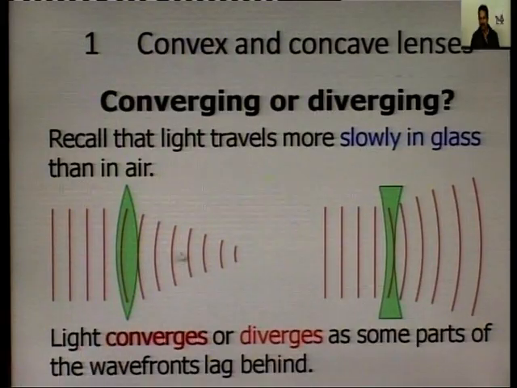As a result, the wavefront is converged to a point, and in case of concave lens, the central part of the wavefront leads ahead of the edges of the wavefront, and as a result the light rays diverge outwards and the size of the wavefront keeps on increasing. So, this explains why convex lens is converging and concave lens is diverging.